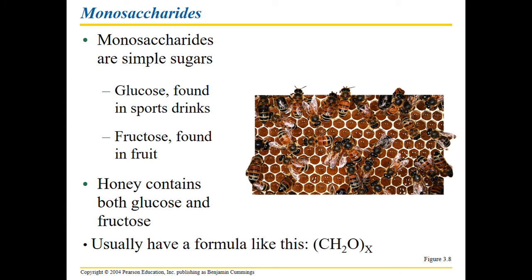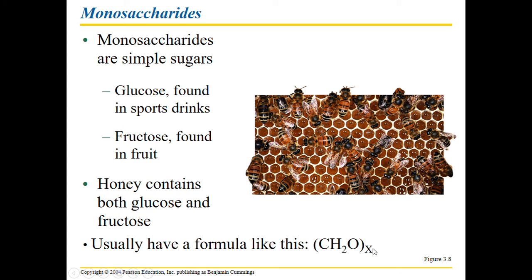Whenever we see glucose and fructose written out, it's usually a formula like this. This means they have 1 carbon, 2 hydrogens, and 1 oxygen. The reason it's in parentheses with an X out here is that this is just one molecule, and if we have many of them together, we put an X down here and write how many we have.